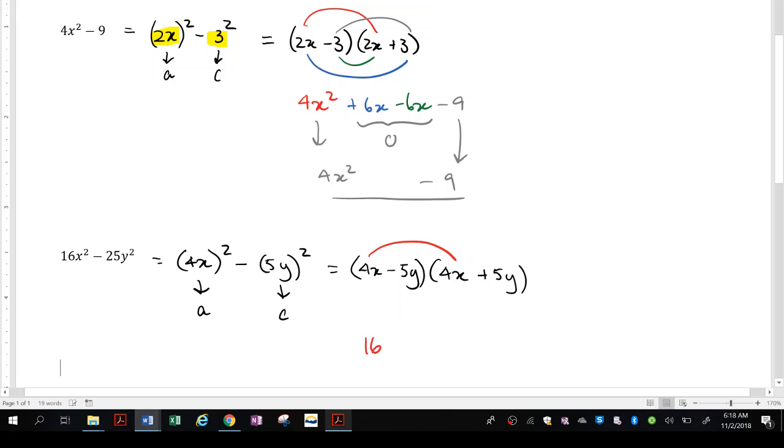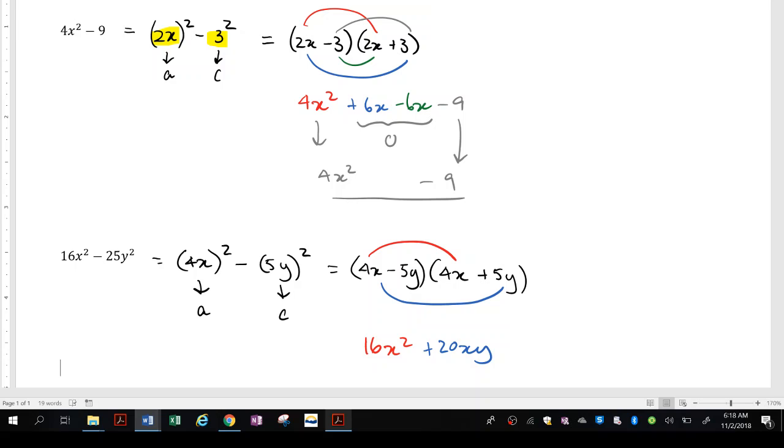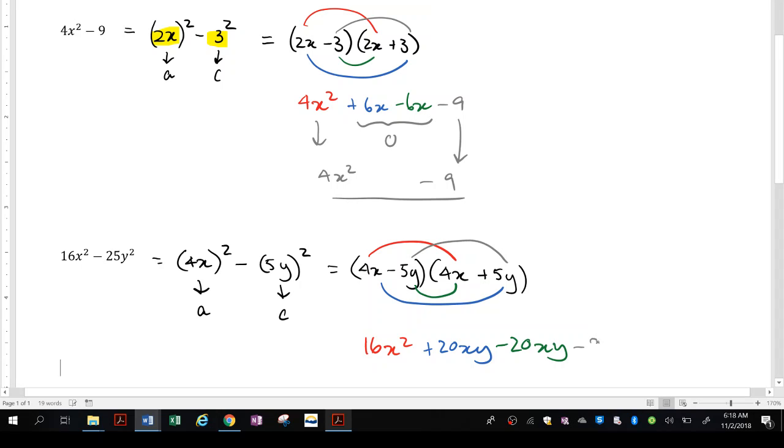That gives us our 16x squared plus 20xy minus 20xy minus 25y squared.